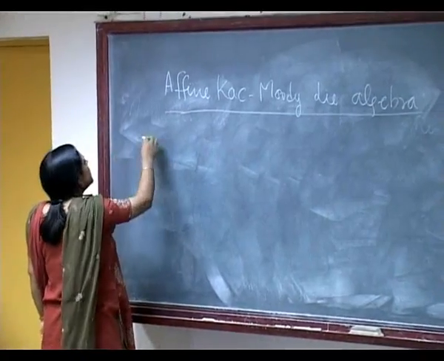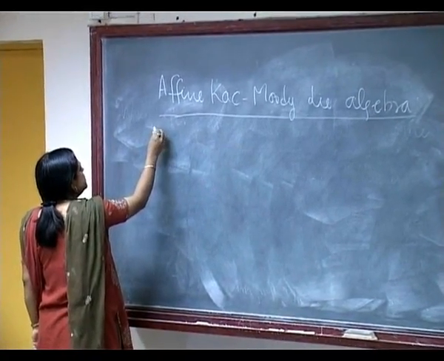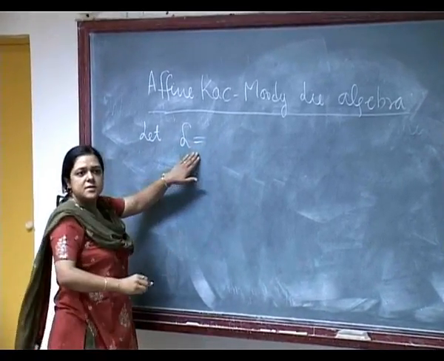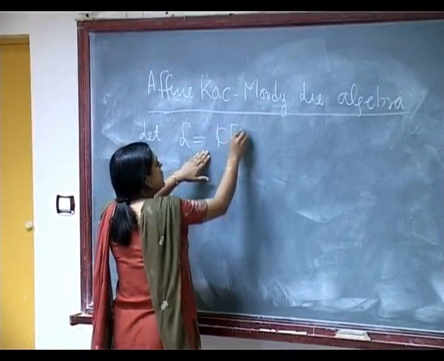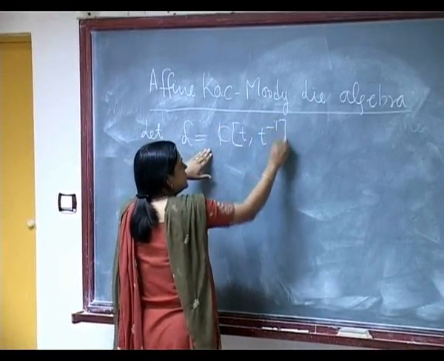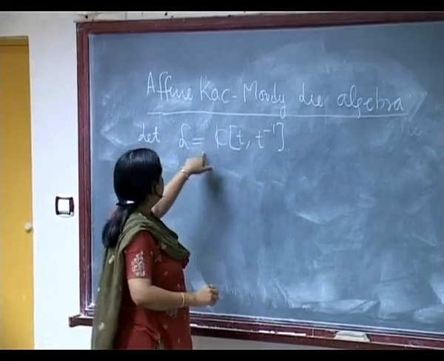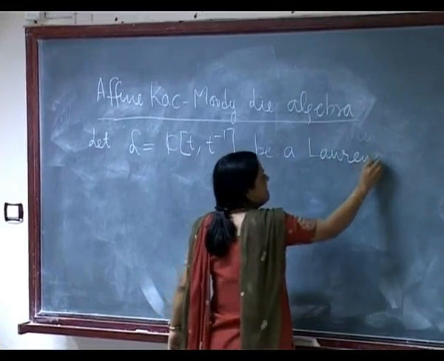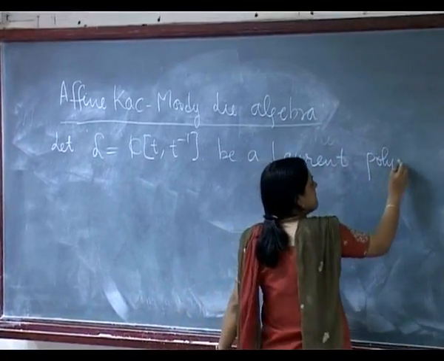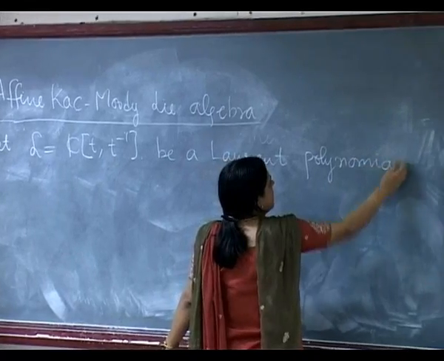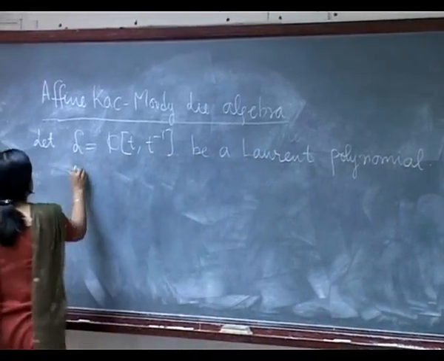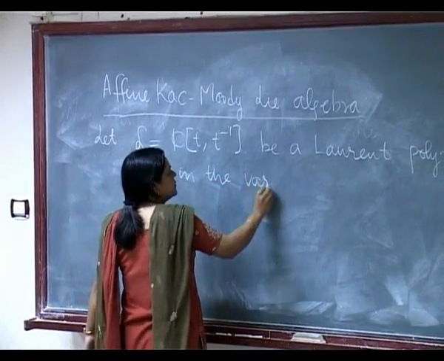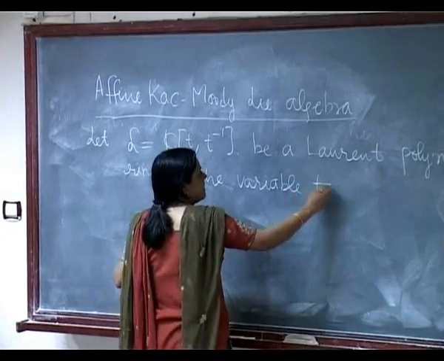So, let L be the Laurent polynomial ring in one variable t.